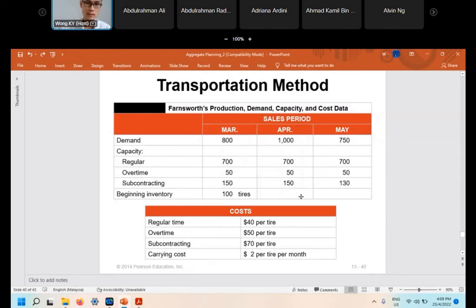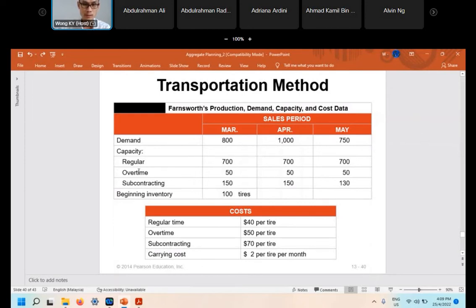Understand? If you look at the regular time capacity here, in March the company will have a regular time capacity of making 700 tires. The same for April, the same for May. Please understand that the regular time capacity is not in hours or time units, but in the number of tires, the number of products the company can produce.